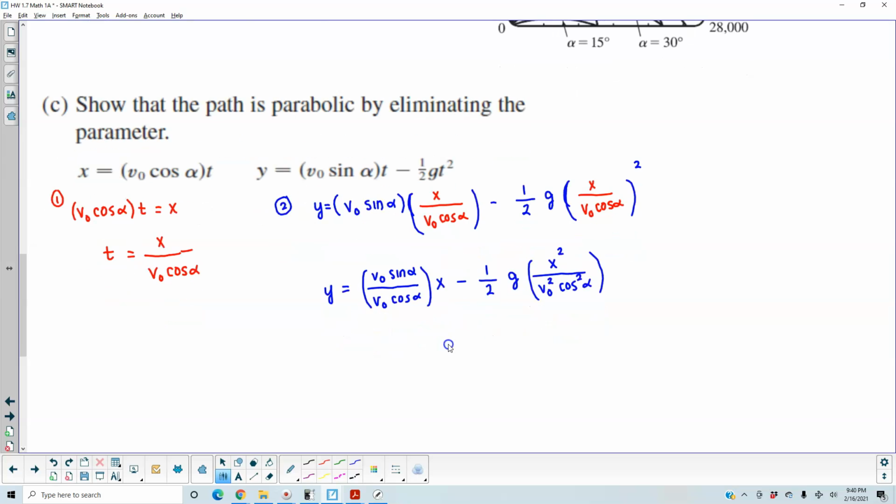So if we want to simplify this a little further, we know that we can eliminate the velocity there.